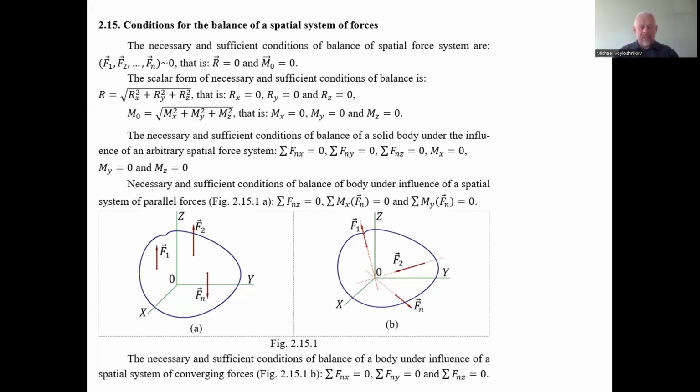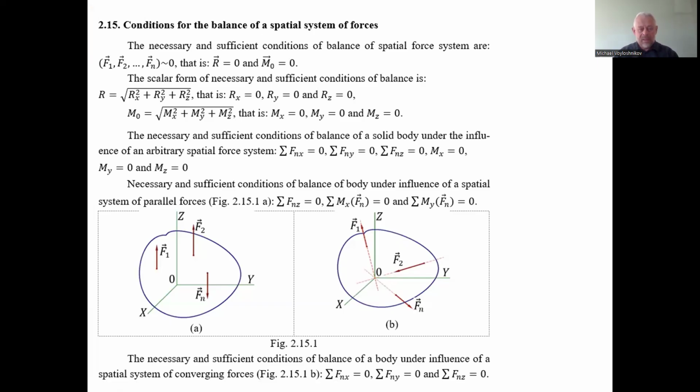Besides, we have the scalar form of necessary and sufficient conditions of the balance for a special system of forces. The magnitude of the resultant, which is equal to the square root of the total of the projections of the resultant on the axes, so three summands: x projection on the abscissa axis squared plus ry squared plus rz squared, has to be equal to 0.